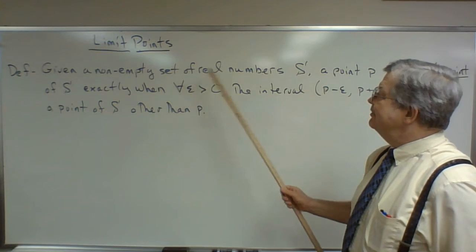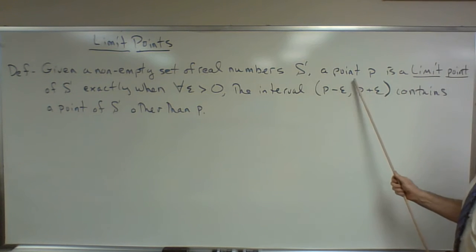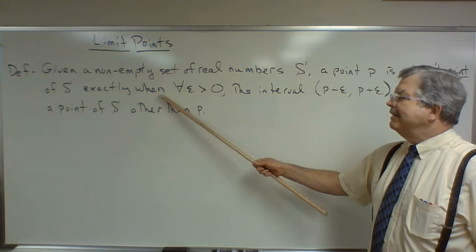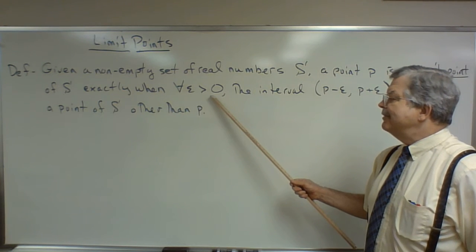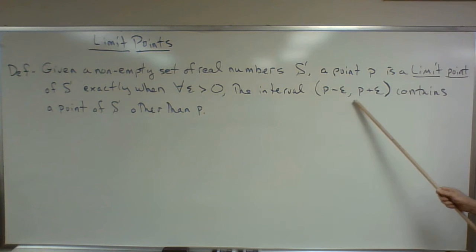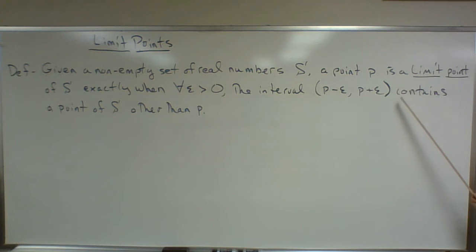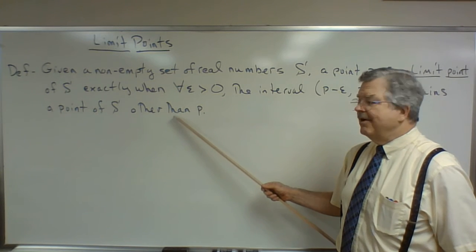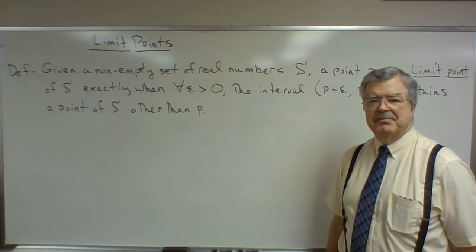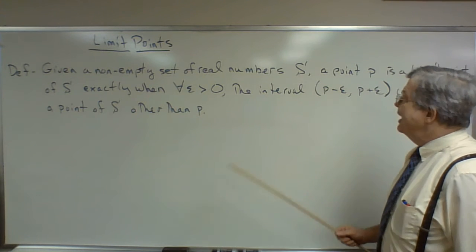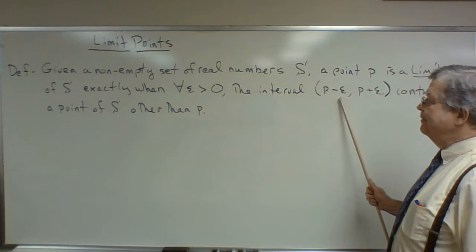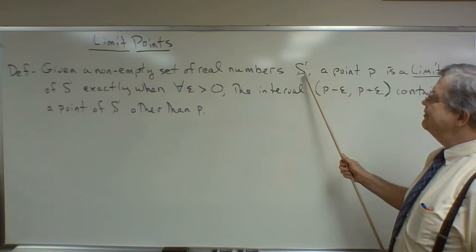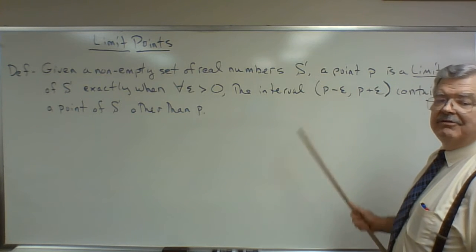And given a non-empty set of real numbers S, a point P is a limit point of S exactly when, for each epsilon greater than 0, the interval (P minus epsilon, P plus epsilon) contains a point of S other than P. So every interval of this form is going to contain at least one element of S other than P itself.